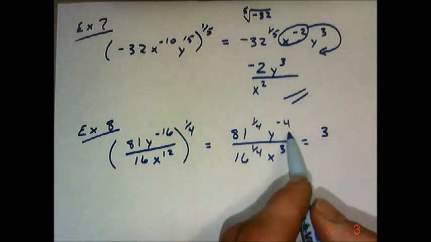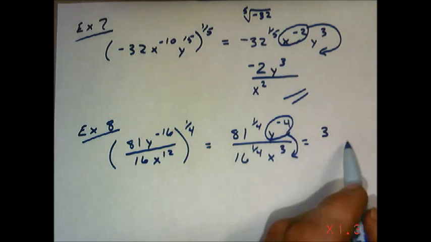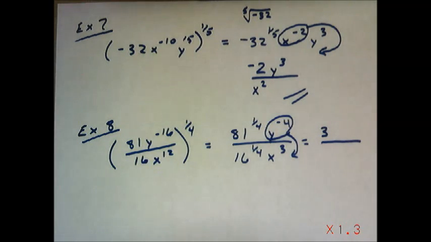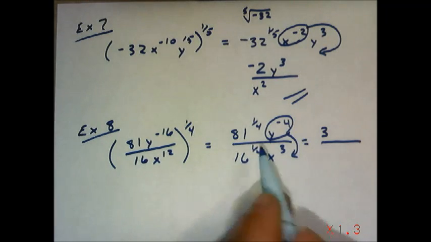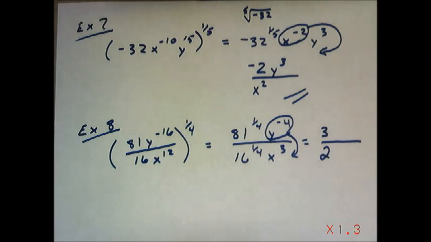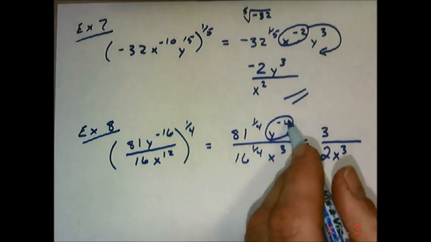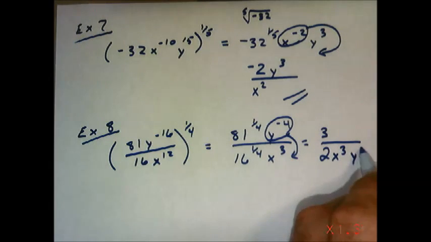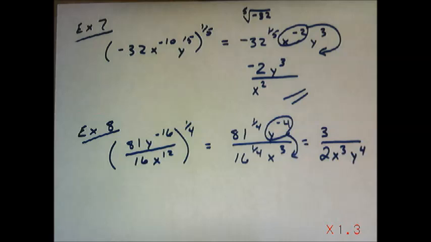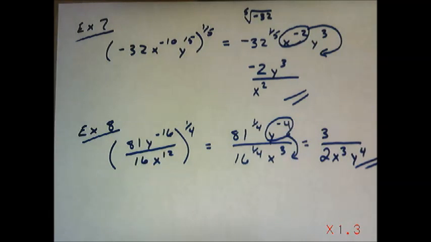Y to the negative 4th is going to go to the bottom. So we have 3 over 16 to the 1/4 is 2. We have x to the 3rd down there, and our y to the negative 4th came down, so we're going to write it as y to the 4th, and we have a positive exponent. And there's our final answer.